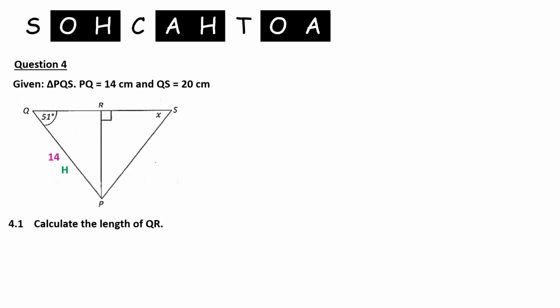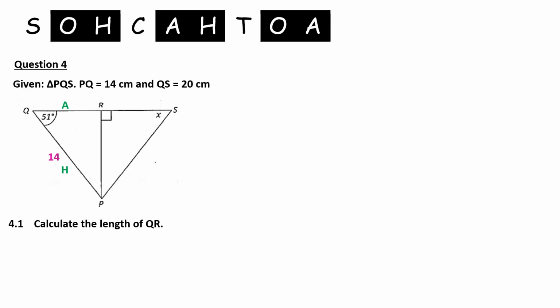Okay, so at the moment we're not going to use the QS. Let's just think about the PQ at the moment because we want to calculate QR. So if I look at the triangle on the left-hand side where I've got 51 degrees, PQ will be my hypotenuse and QR will be my adjacent side because PR is opposite the angle that I have.